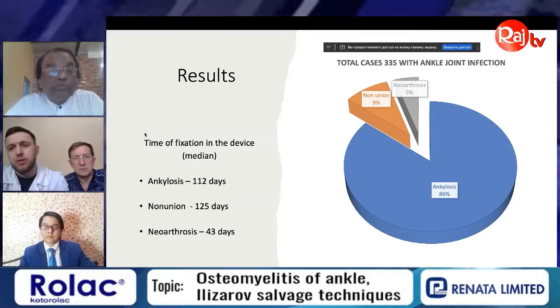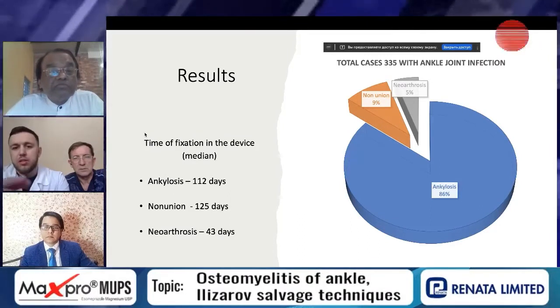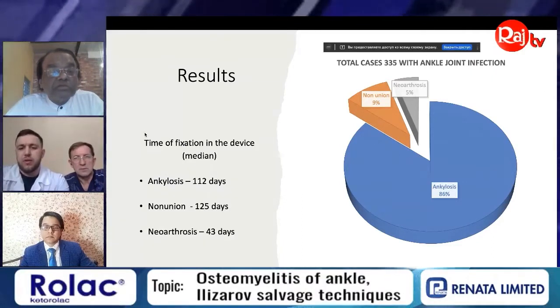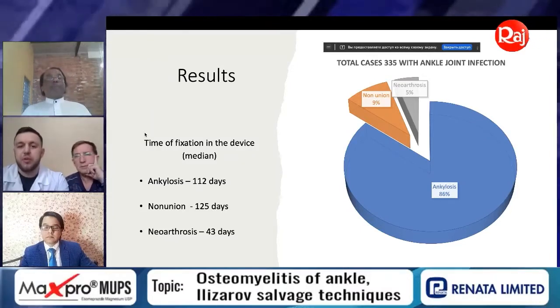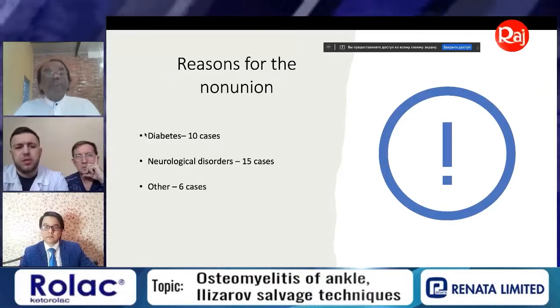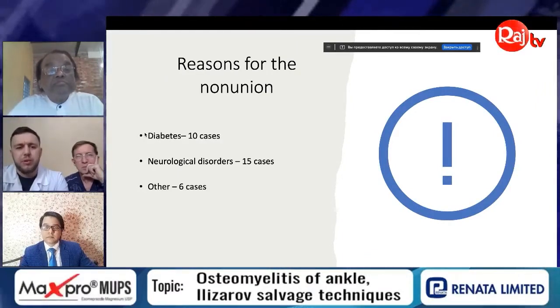As I told before, the special technique is not included there, which gives a better result than non-union.